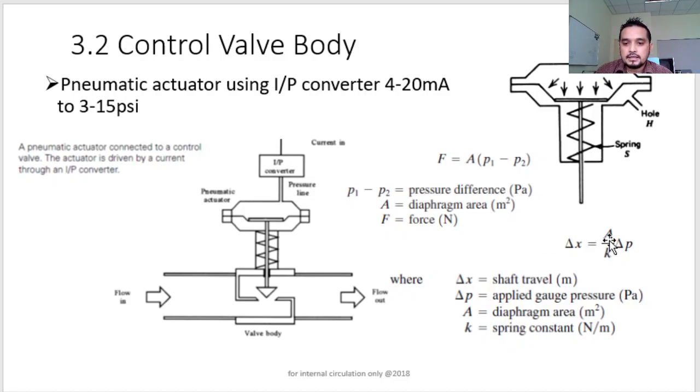So we have two important formulas to further understand the working principle and functionality of the spring and diaphragm.